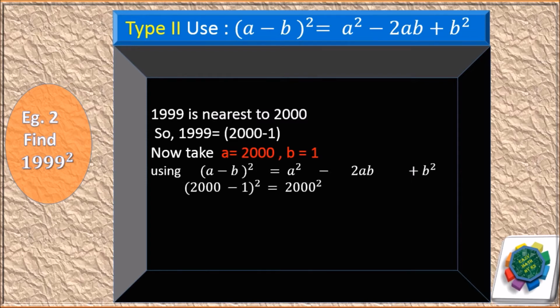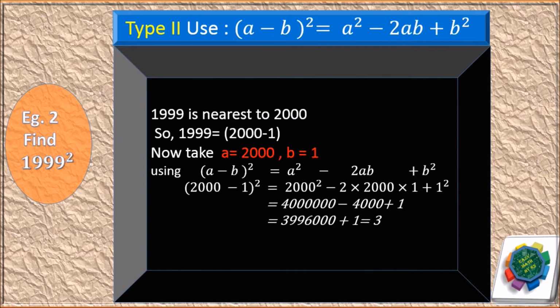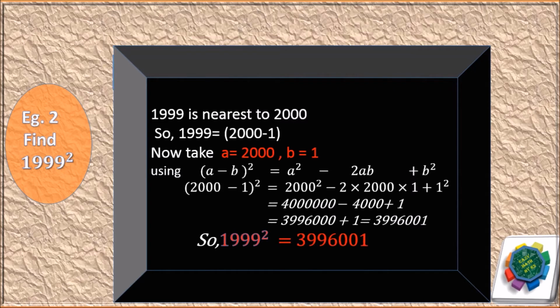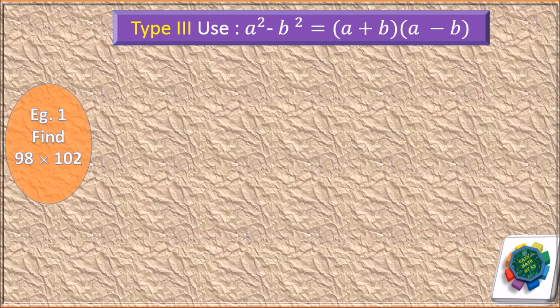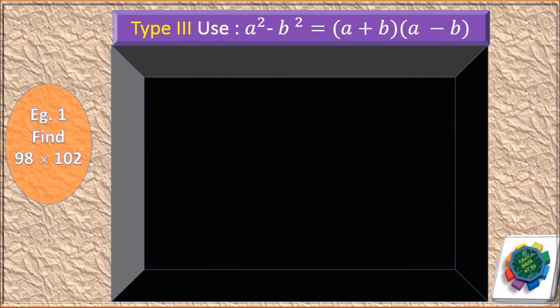We will calculate the squares and 2ab and then first we subtract and then add 1 to the answer. So we get the answer 39,96,001.